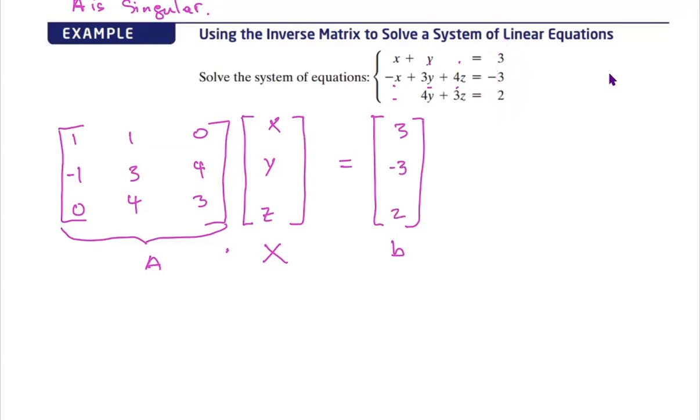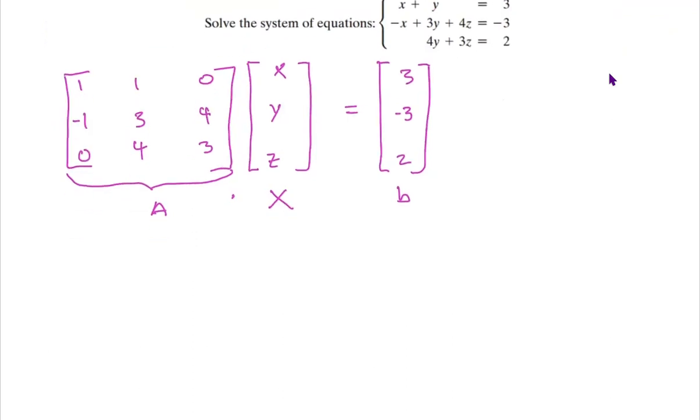Now, when you finish writing the system in the matrix form, you want to multiply by the inverse of the matrix A on the left side.